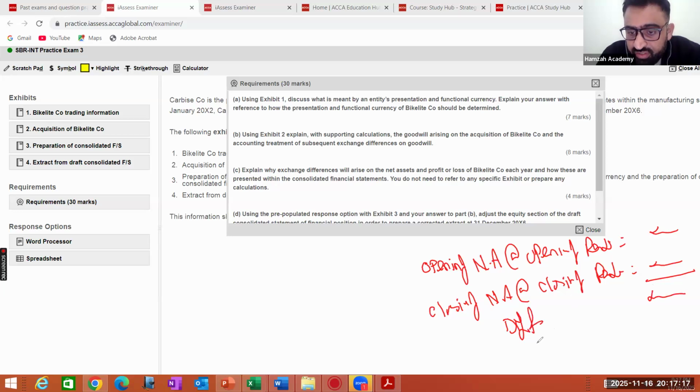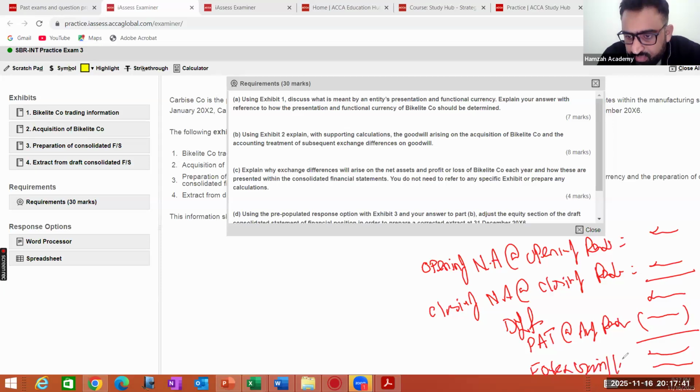From that difference we take the profit after tax of the subsidiary, translate it at the average rate, and deduct that from the total difference, and the remaining amount which we get is known as forex gain or forex loss, and that is reported in other comprehensive income.